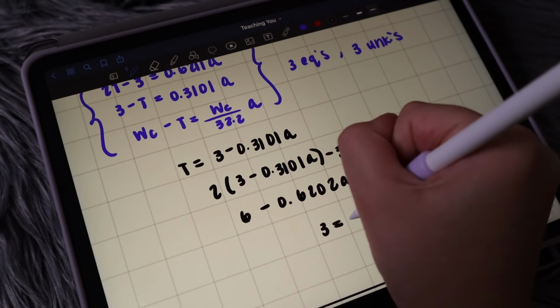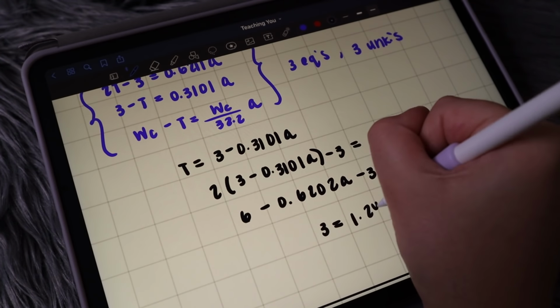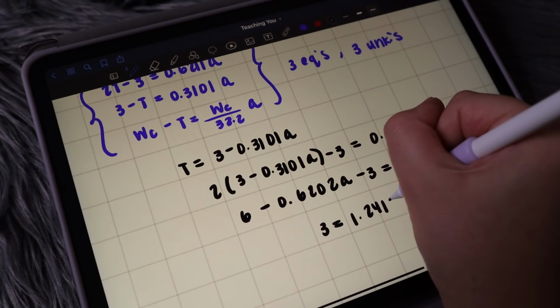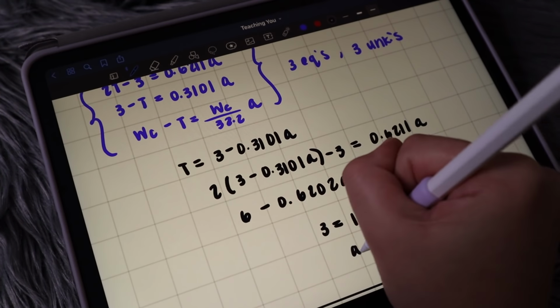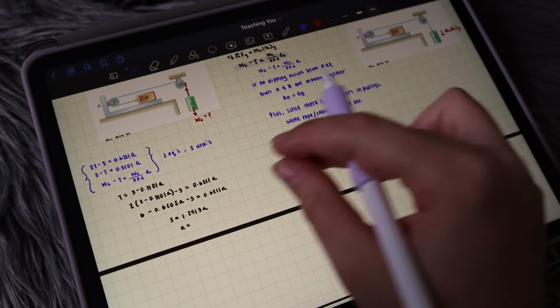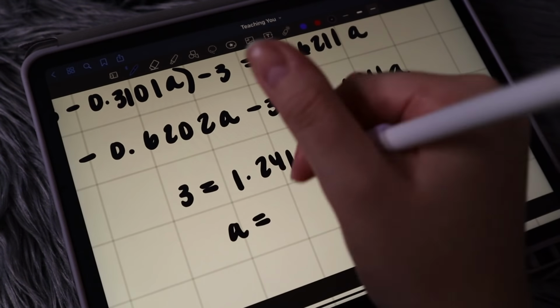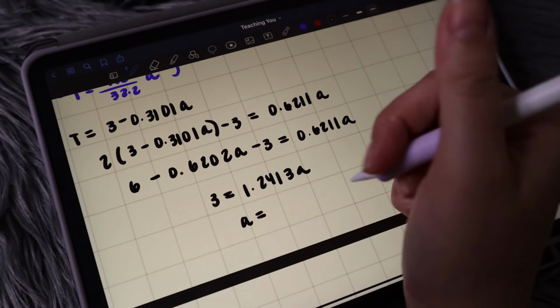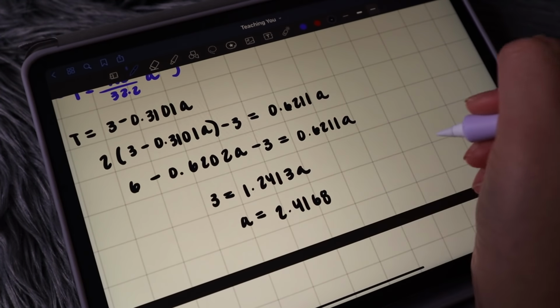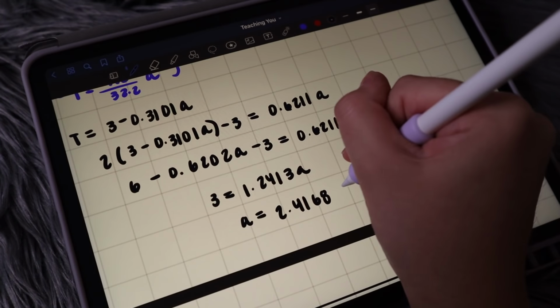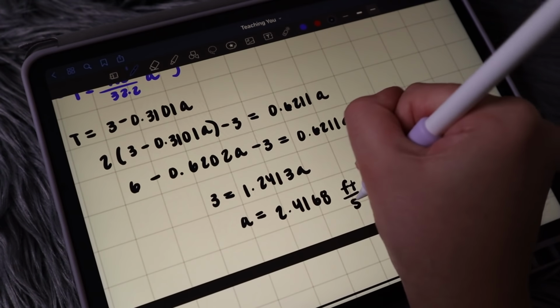And then we have 3, and over here we have 1.24138. So if you solve for a, you get 2.4168, and this is going to be in feet per second squared.